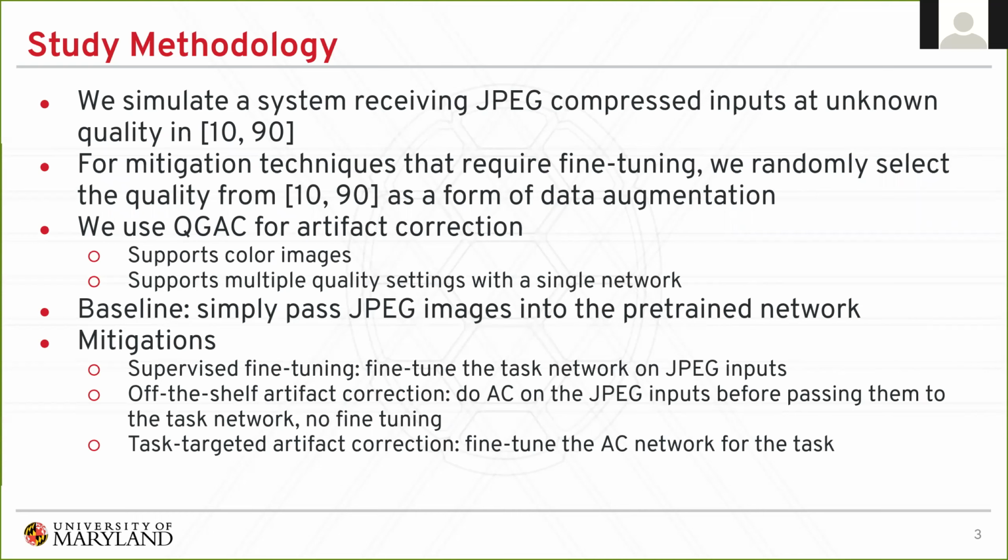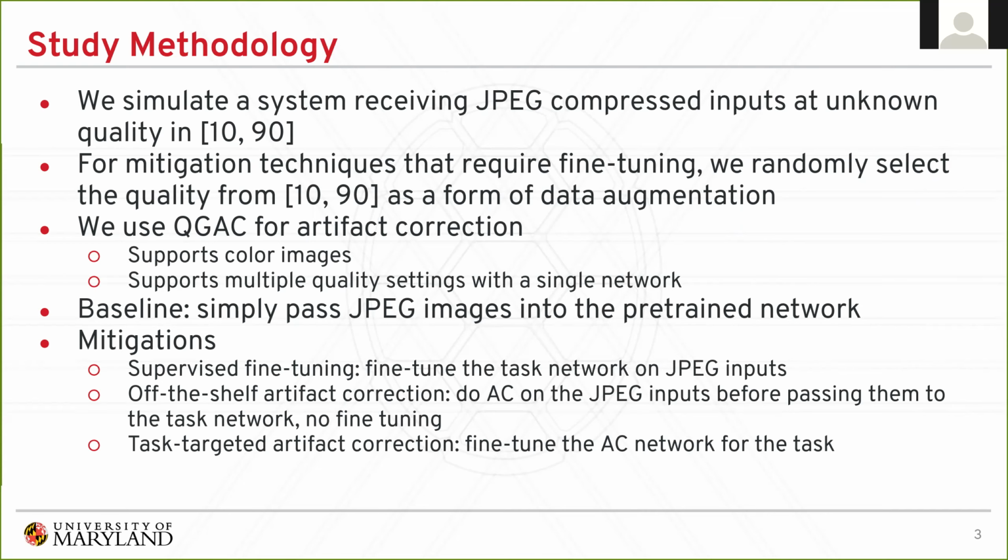And this is pretty important because QGAC does 2 things compared to other models. One is that it has native and good support for color images. Surprisingly, a lot of these models are grayscale only. The other and the most important thing is that it supports multiple quality settings with a single network.